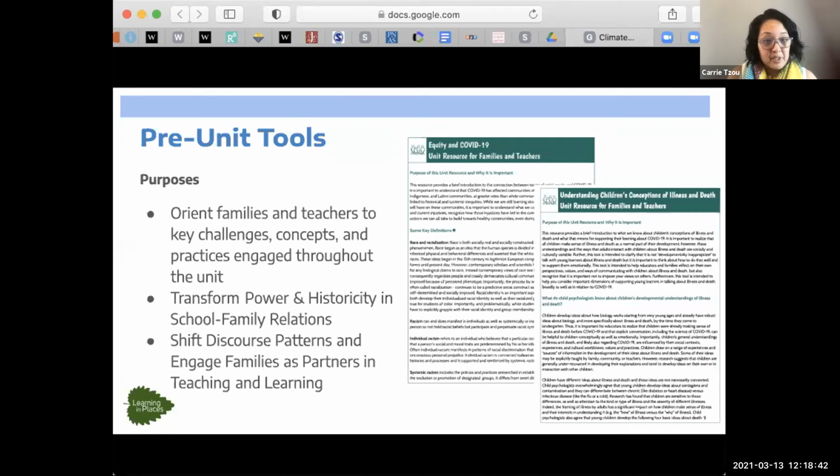We consulted experts in the field to help write these pre-unit tools and give families and educators background on, for example, I'm really nervous about talking to my kindergarten students about illness and death related to COVID-19. How do I do that? We talked to developmental psychologists who said, actually, kids are very interested and very capable of having these kinds of conversations, and here's how you might do that. So these pre-unit tools help orient families and teachers to having those conversations.